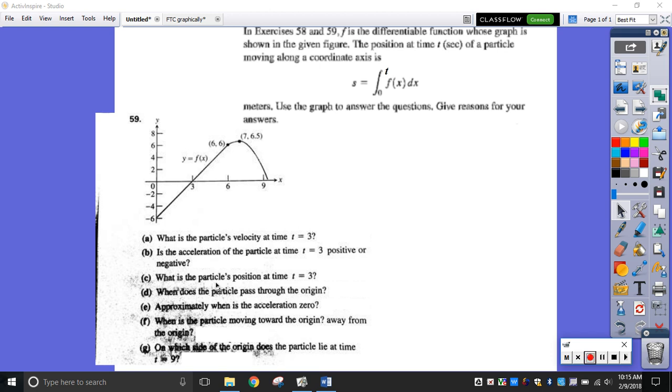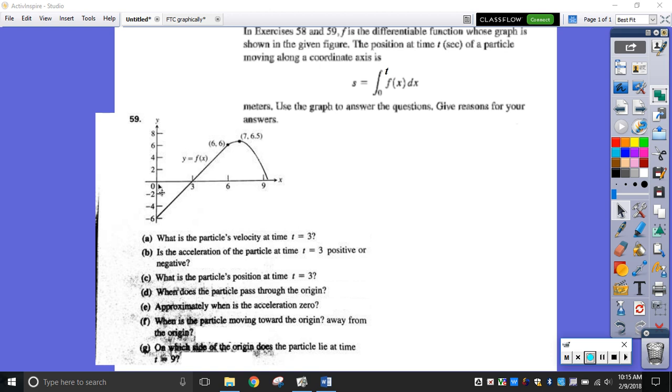C, what is the particle's position at time t equals 3? And so if this integral represents position and t equals 3, that means I replace this t with 3. And so now I interpret this as the integral from 0 to 3 of f of x dx, which means the area between the curve and the x-axis from 0 to 3.